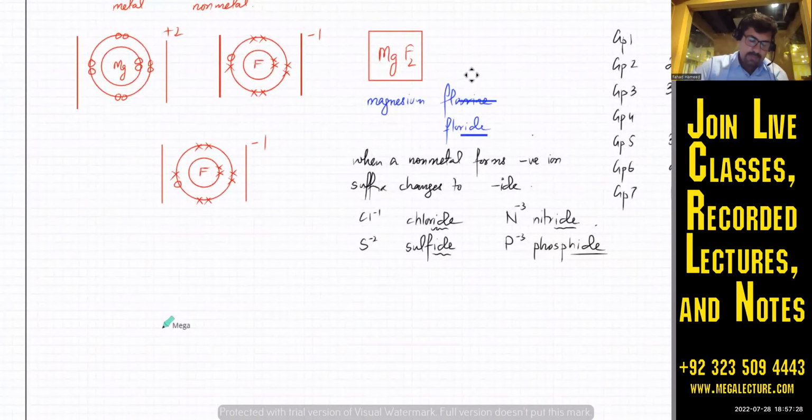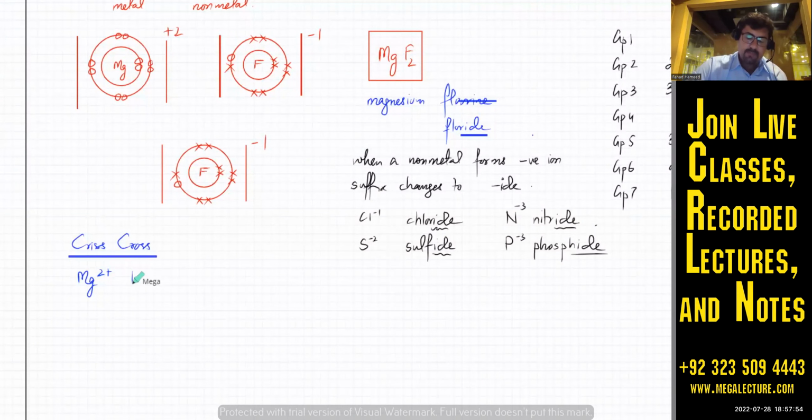The shortcut is known as the crisscross method. That one simplifies things. What is the crisscross? I've got Mg, and I know that Mg is group 2, so that's 2 plus.